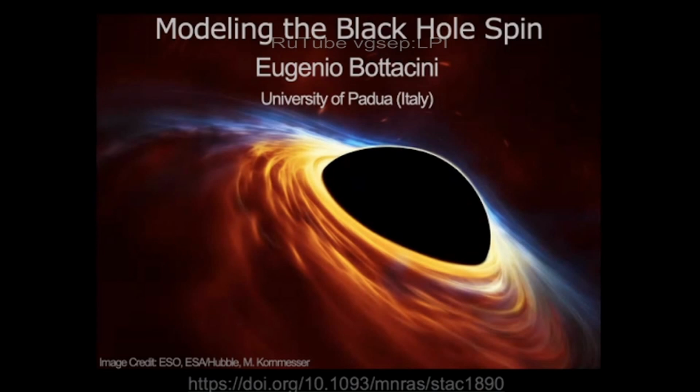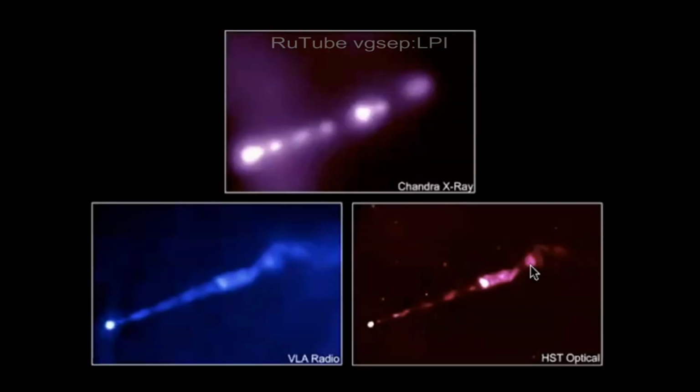One of the most suitable astrophysical environments for different types of acceleration of particles is the extragalactic jets. For example, this is one and the same source observed at different frequencies. On top you see the X-rays, to the left the radio image, to the right the image from the Hubble Space Telescope.